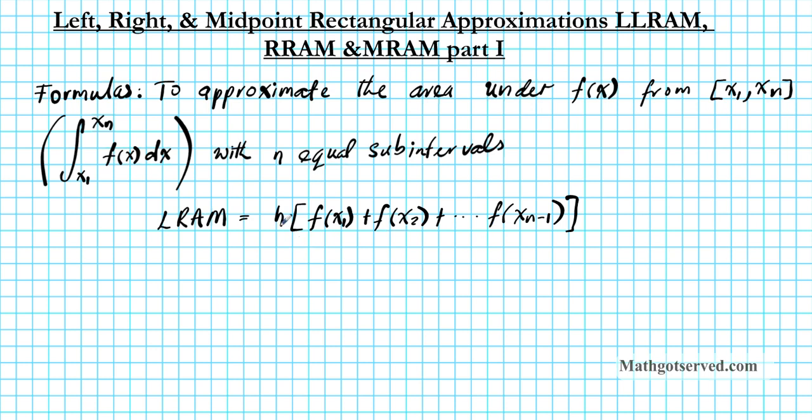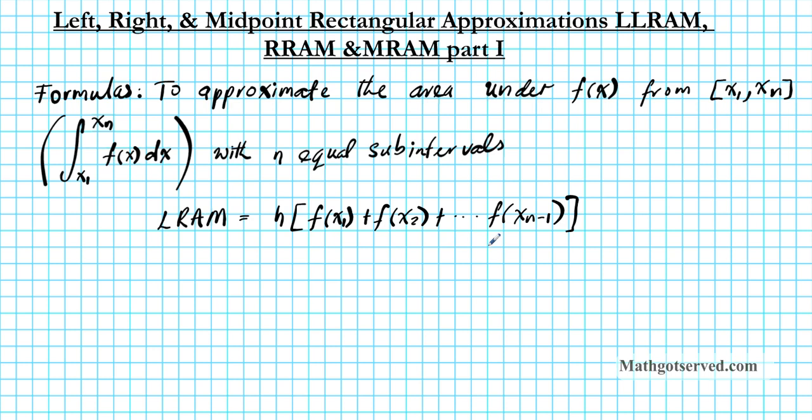Here h represents the width of the rectangle, and f of x sub 1, f of x sub 2 represent the heights. Since we have uniform widths given by h, we can factor out the uniform width from all the heights, and then we have this formula.